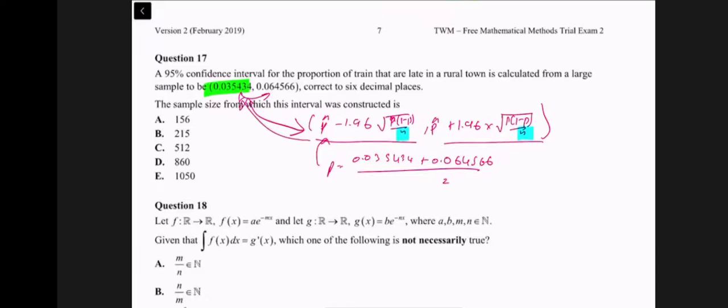And just a hint for this question is that it's told you that the confidence interval is given to decimal places. Although the question doesn't ask what the sample size is closest to, you can assume that they've given you non-exact values of the confidence interval. So it's insinuating that the sample size you get is not going to be an exact value either.